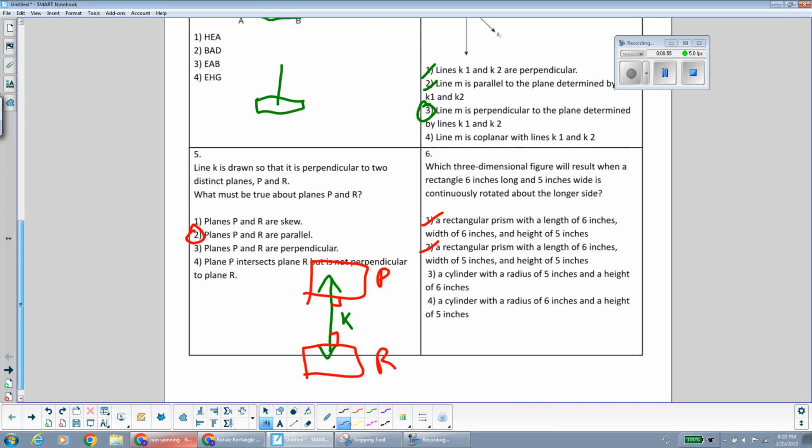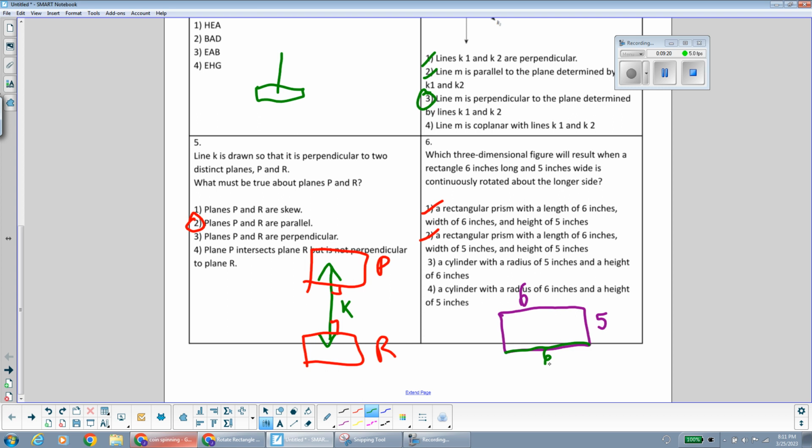It becomes a cylinder. So it's a rectangle that's 6 inches long and 5 inches wide. So let me draw this rectangle. And it's rotated around the longer side. So this would be the longer side. I'll just go over here because I have more space over here. The side's also 6. So it's continuously rotated around the longer side until it becomes a cylinder.